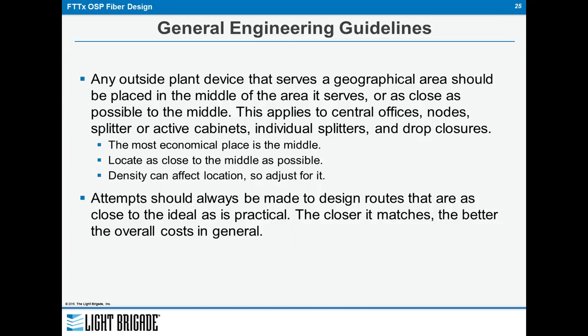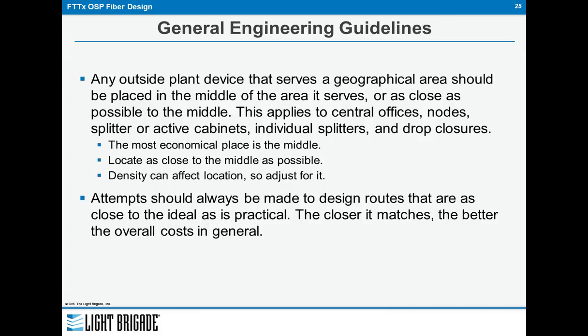So any outside plant device that serves a geographical area should be placed in the middle of the area it serves or as close as possible, whether it's a central office, a node, splitter cabinet or active cabinet, individual splitters, right down to the drop closures. If you put those in the middle of an area, that's going to minimize the distance to all the users. It's going to be the most economical. If you have a density, adjust for it.